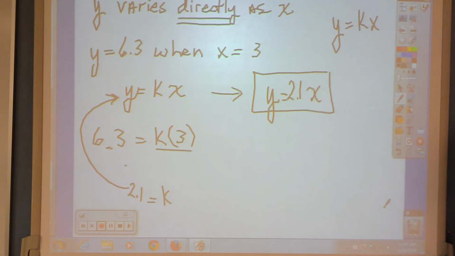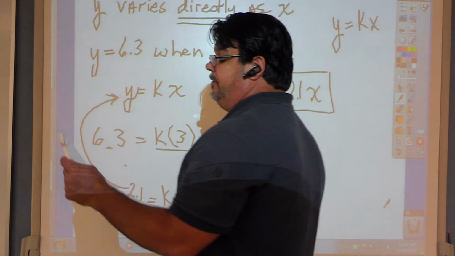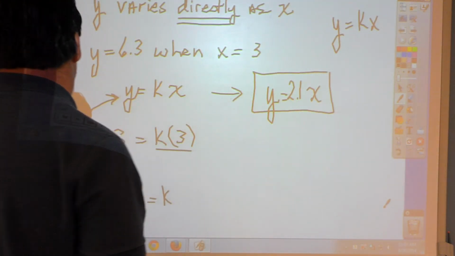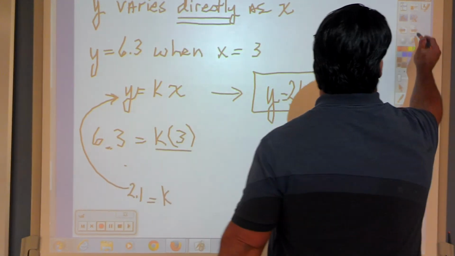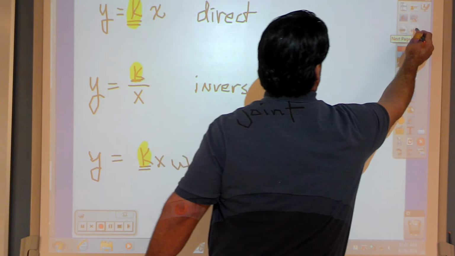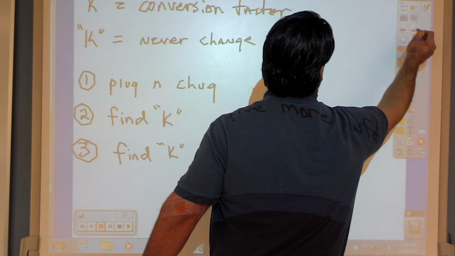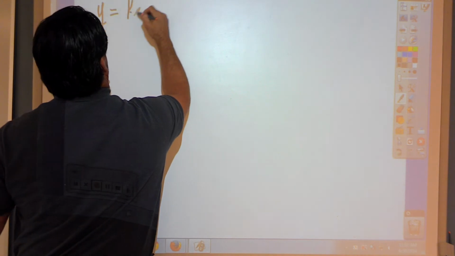Y varies directly as x. Find the constant, find the fudge factor, find k, whatever you want to call it, when y is equal to 2. Let me just rewrite this. Y is equal to k times x.